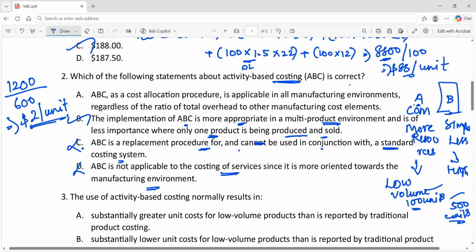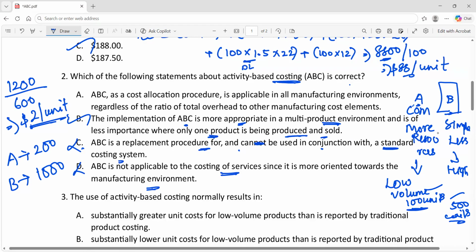So how many units of A we are producing? 100 units. So 100 into 2, product A will absorb $200 of overhead, and product B will absorb $1,000 of overhead. This is what usually happens in absorption costing. But this is not the right way to do it. Why?